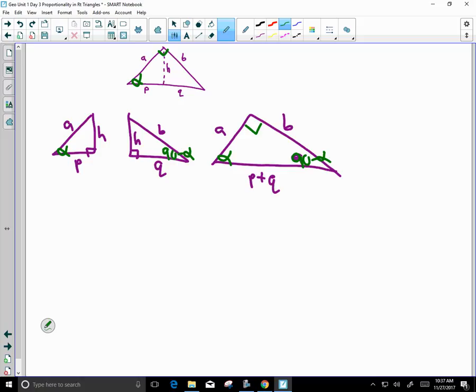This also will be 90 minus alpha. And this is going to be what? Alpha. So since we can see in all three of those, these triangles are going to be what? Similar.